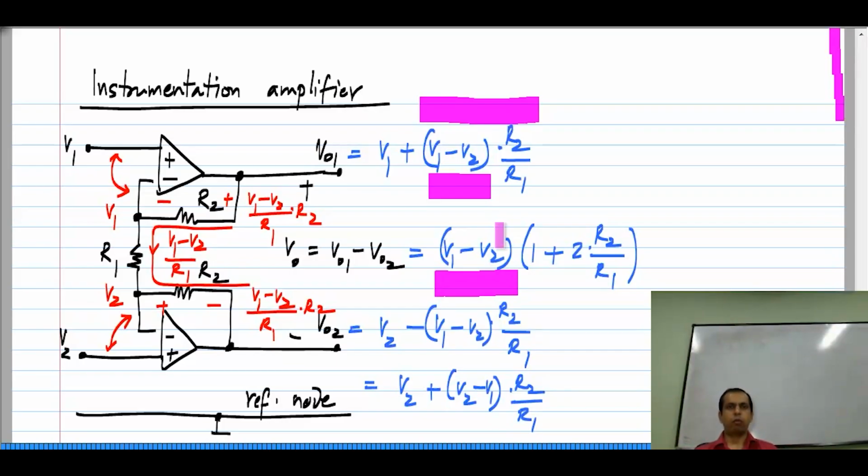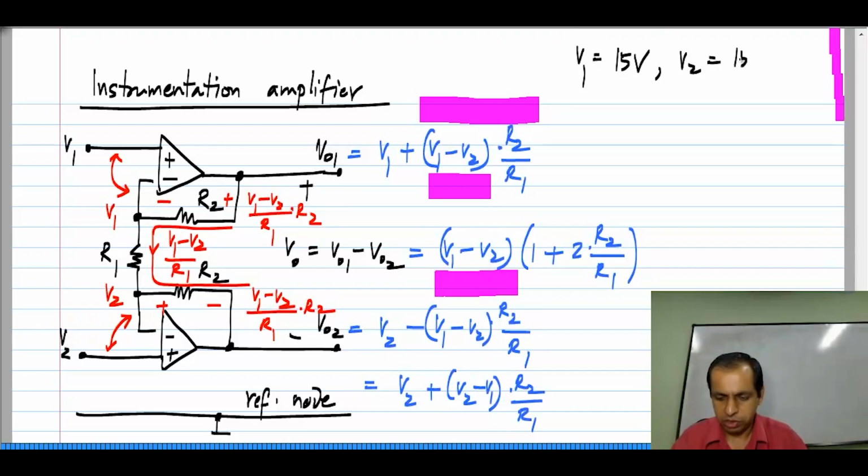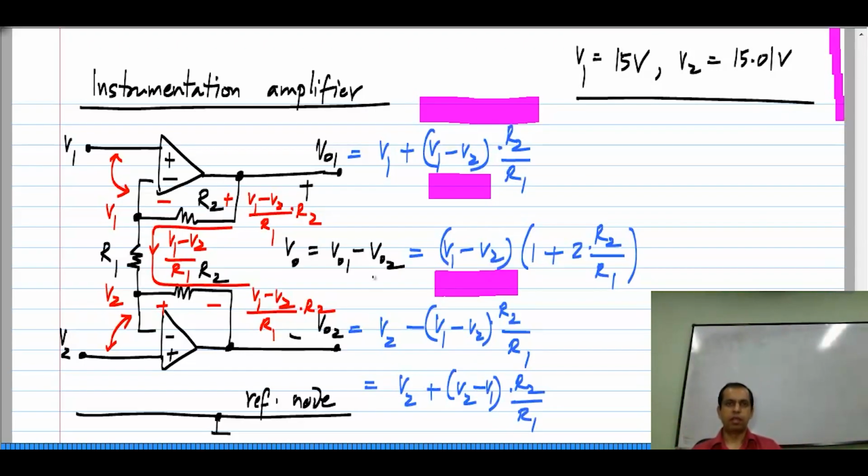Now, why is this useful? It turns out that many times you have to compute the difference between two large voltages, but the difference is small, while each of the voltages is large. So, let us say V1 is 15 volts and V2 is 15.01 volts.